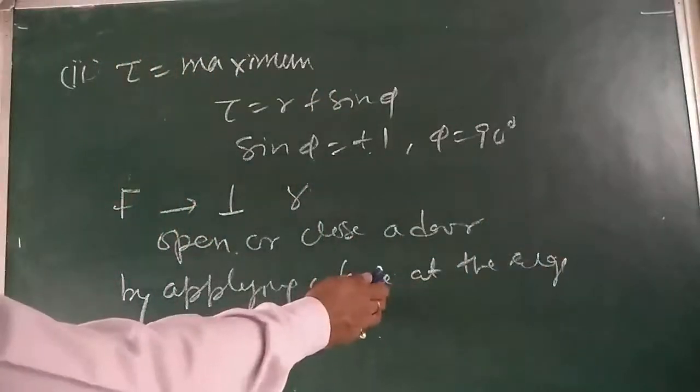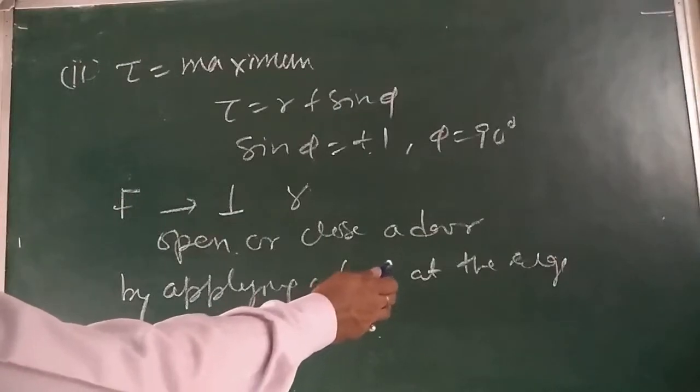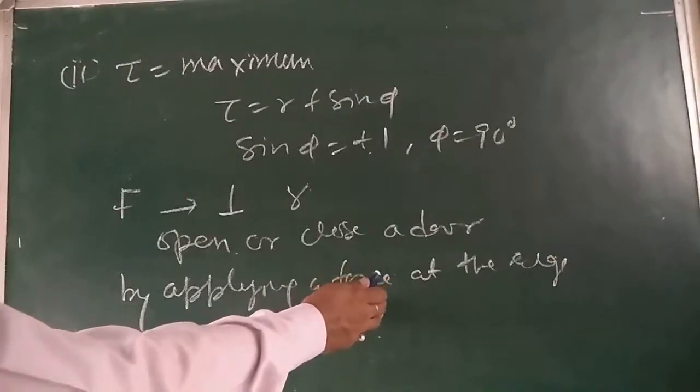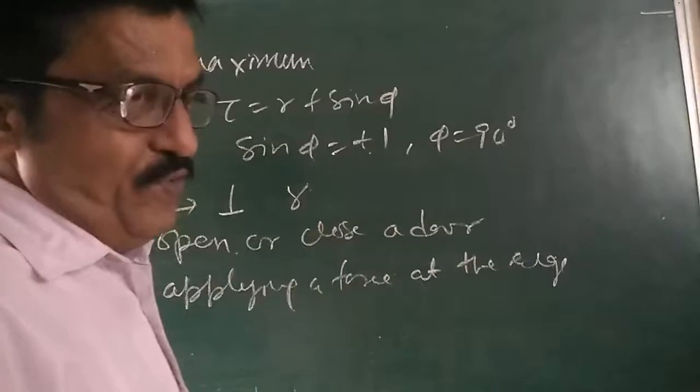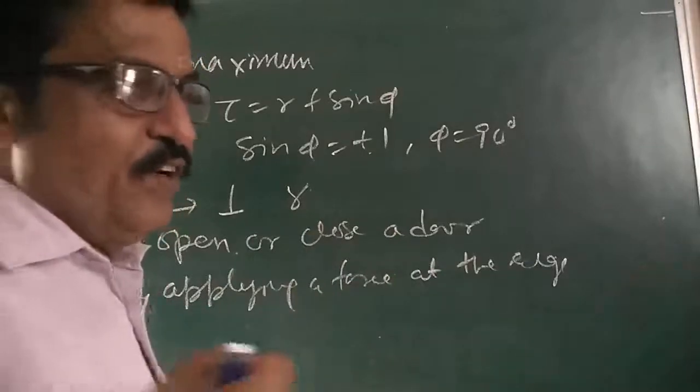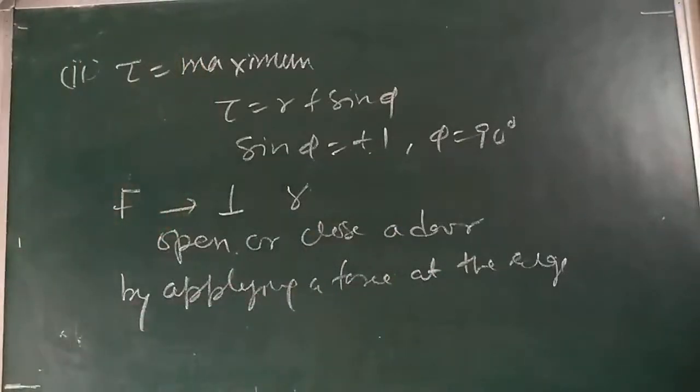So at the edge, to open or close a door, we apply a force at the edge of the plank in a direction perpendicular to the plank of the door. That's why we can easily open or close the door. Is that clear? It's a very good example. So my dear children, remember it. Write it down.